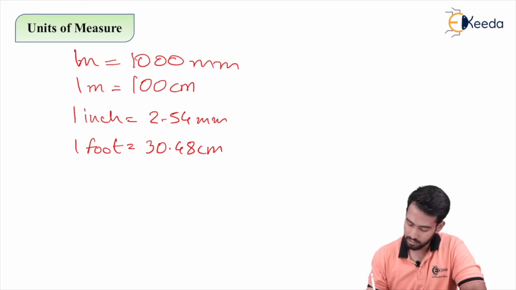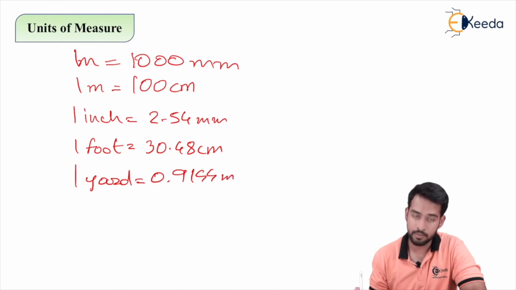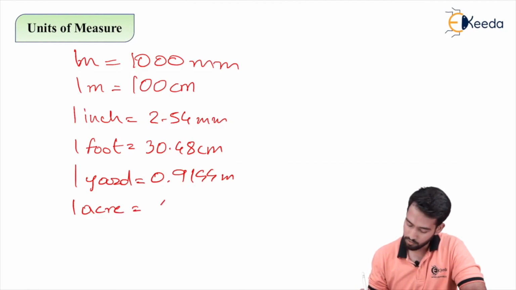If we see yard, 1 yard is equal to 0.9144 meter.